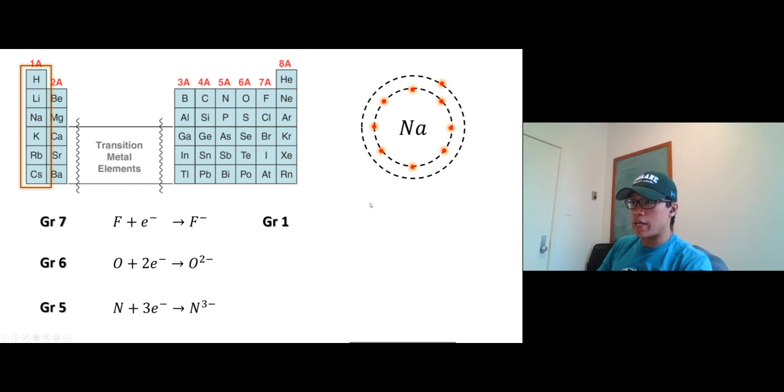Now let's go back to group 1. Sodium, lithium, and potassium already have 8 electrons inside, and only 1 electron outside. Getting rid of that 1 electron is much easier than gaining 7 electrons. So lithium, sodium, potassium, rubidium, cesium, and francium, in group 1, usually lose 1 electron and become sodium ion, lithium ion, potassium ion, and so on.